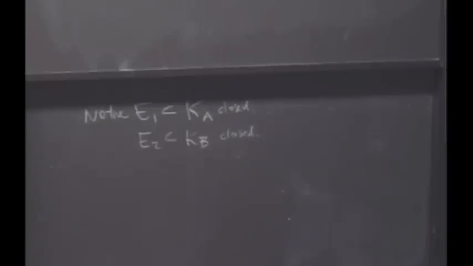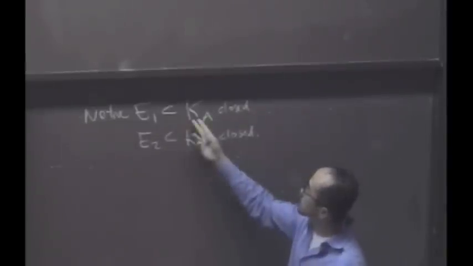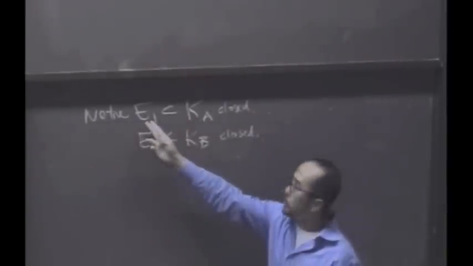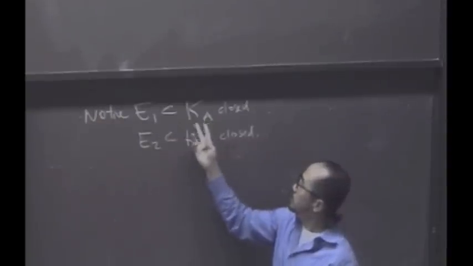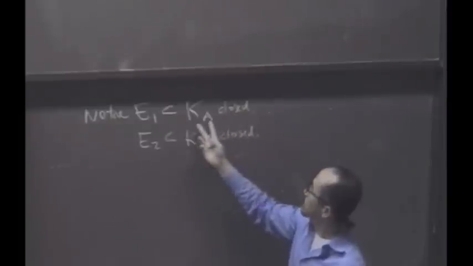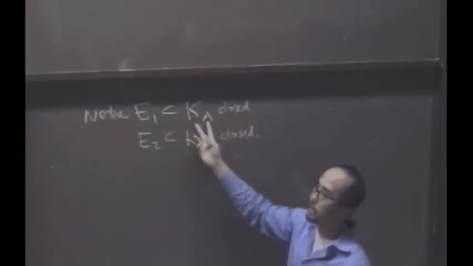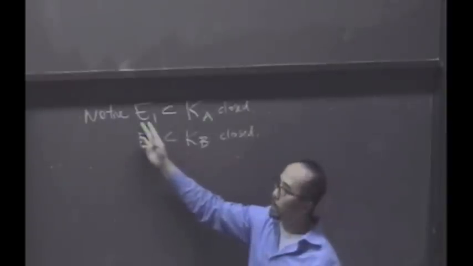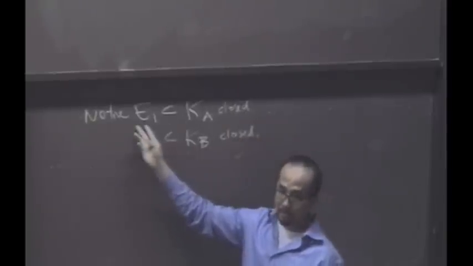So can you justify for me why E1 closure contains no point of E2? Well, KA is closed, right? So KA contains E1, KA is closed, and the smallest closed set containing E1 is E1 closure. This is a closed set containing E1.